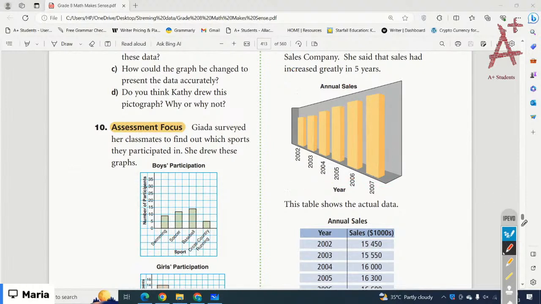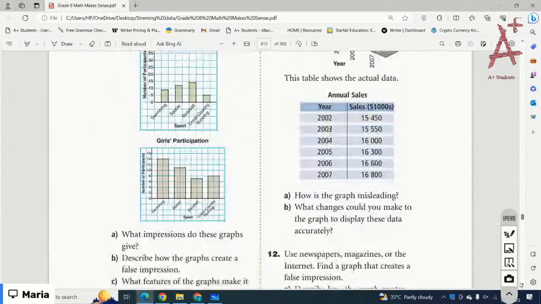These bars could start from a straight line, right? Okay, the question is, how is the graph misleading? Because the graph is slanted, that means the graph is misleading, right? What changes would you make to the graph to display these data? So to create a bar graph that accurately displays the given data, do not draw a graph that is slanted.